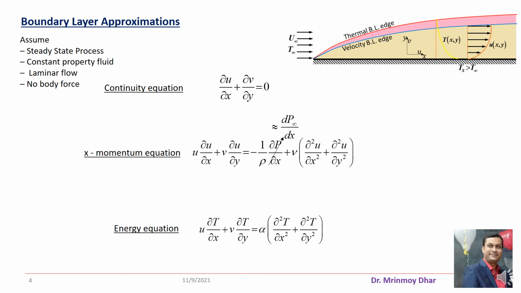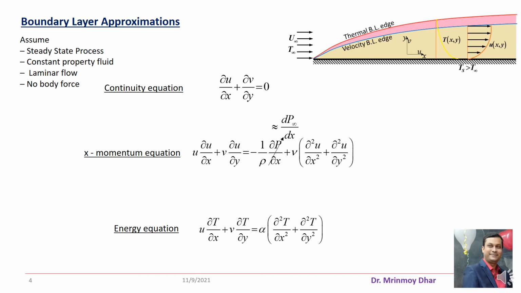So for the sake of generality, I am keeping this term dp infinity dx. Considering the flow case or geometry, this term will either remain in the governing equation or vanish.